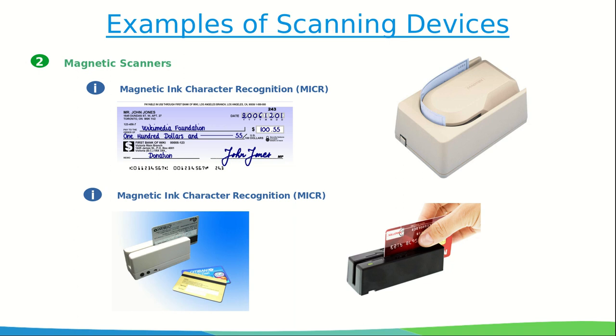This means that the data that is being read is either in form of magnetic characters or in the form of a magnetic stripe. The first one here, an example of a magnetic scanner, is what we call the MICR, the magnetic ink character recognition.